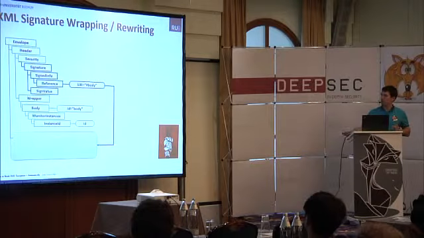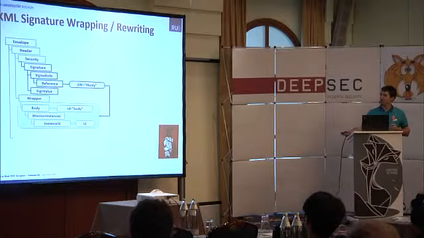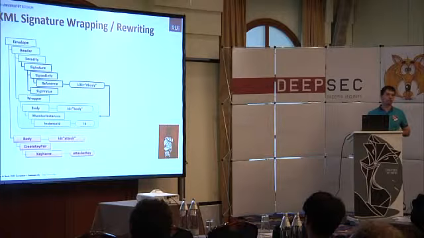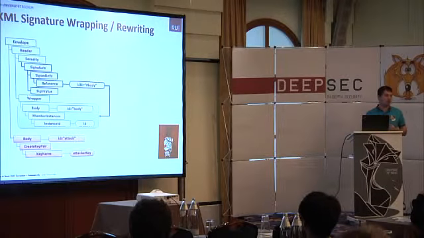He moves the original body element, the original structure, to this wrapper element. This ensures that the signature reference now references this element in the wrapper. And there is now place for a new body element.